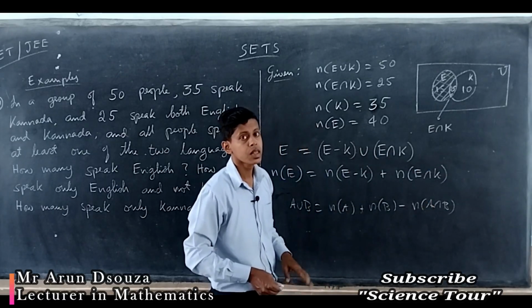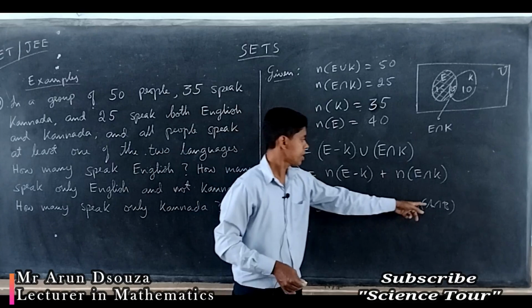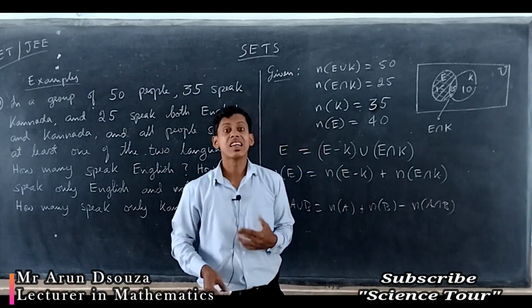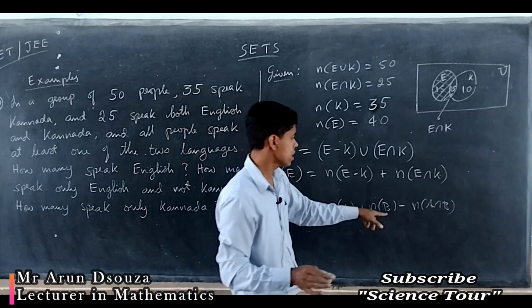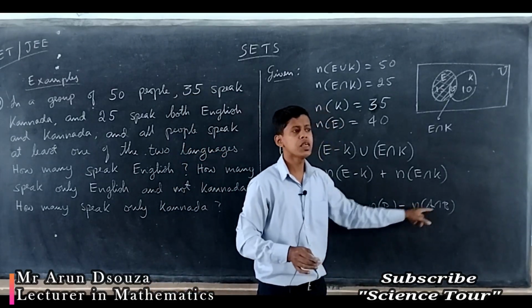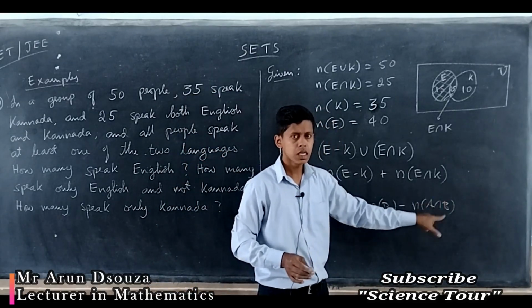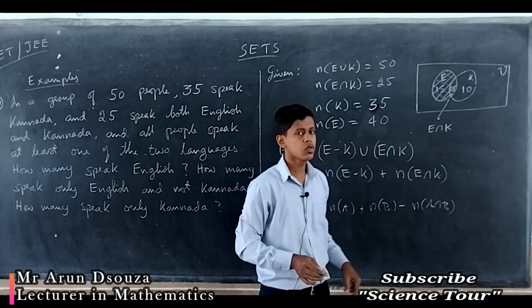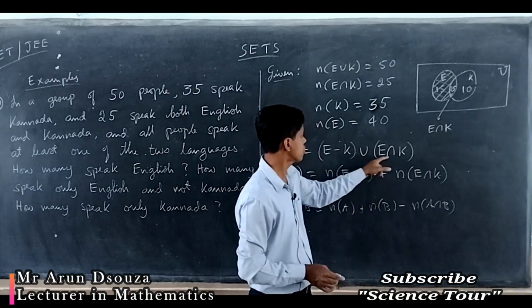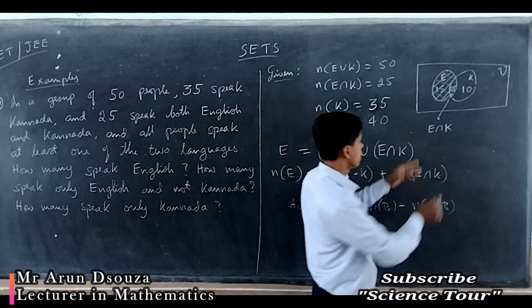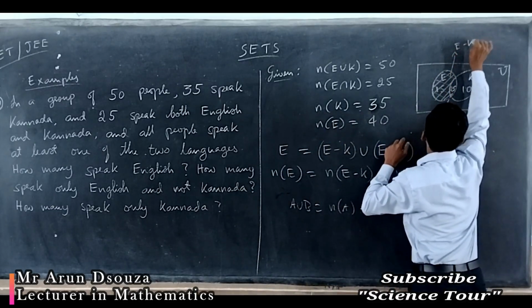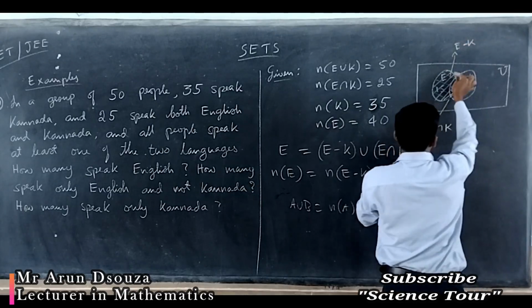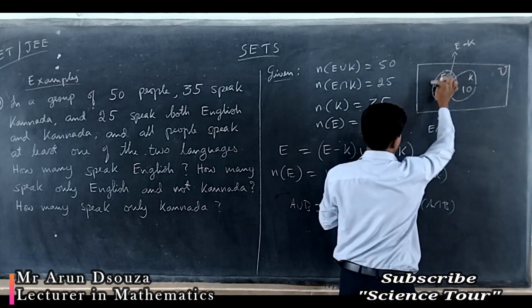Why? Because if A and B are disjoint, there is nothing common between them. If there is nothing common between them, what is the number of elements in the intersection? 0, correct? Now I am saying these two sets are disjoint. Why? What is this region? This region is E minus K, correct?